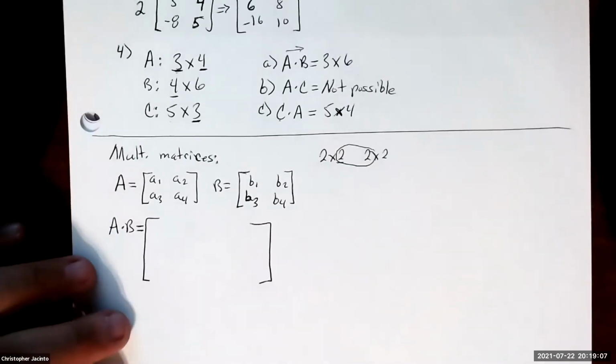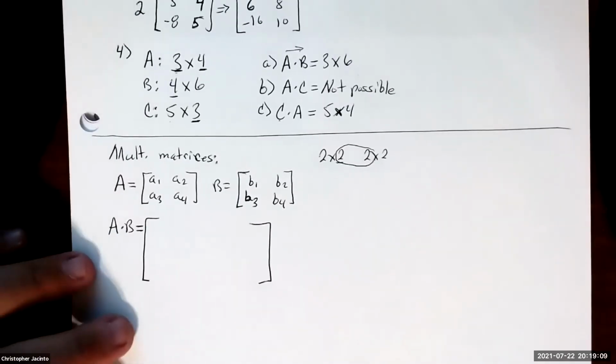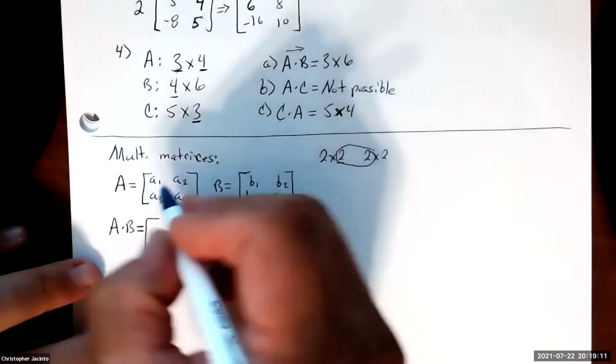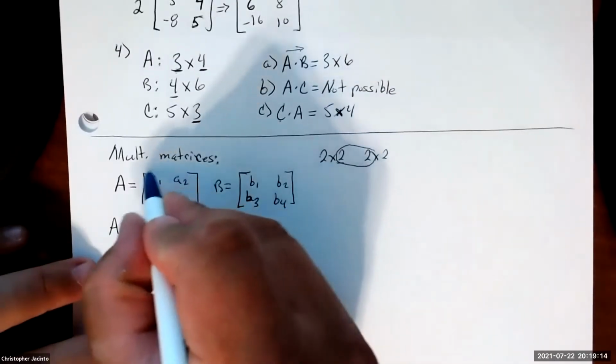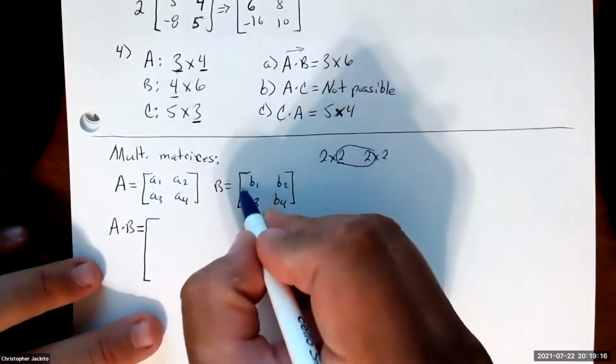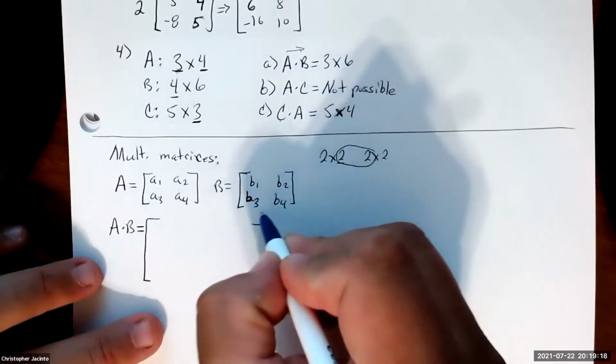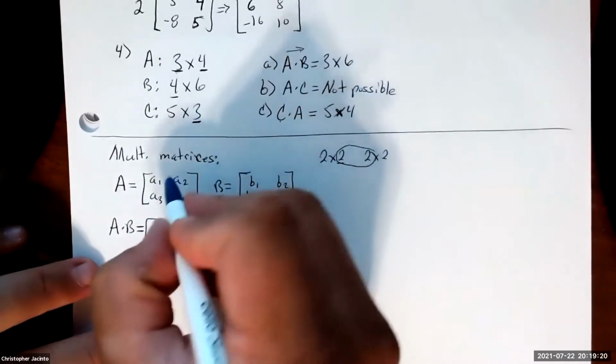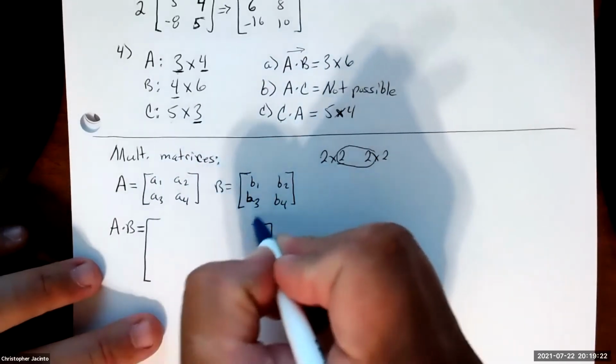So how this is going to go is you're going to multiply the first row times its first column here. Confusing, I know, but it's going to be row times column.